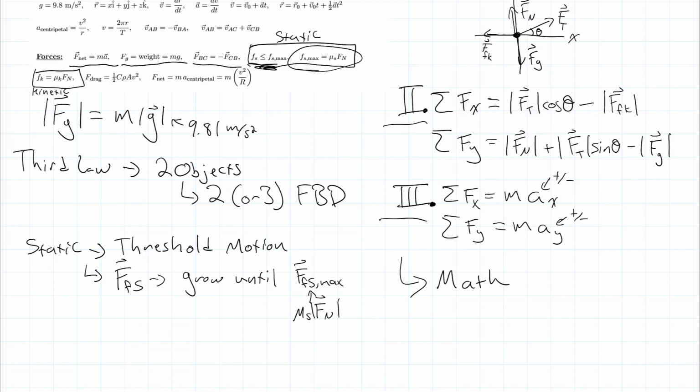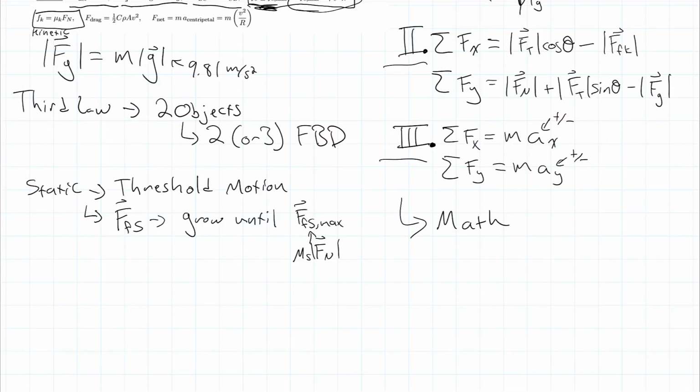If your object is moving already, then you just use the kinetic friction. For kinetic friction, that's where F_k is equal in magnitude to mu_k times the magnitude of our normal force.